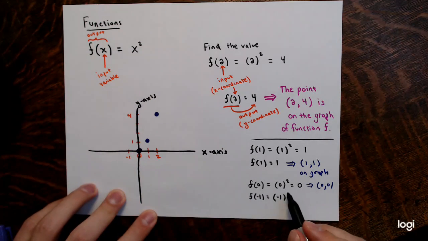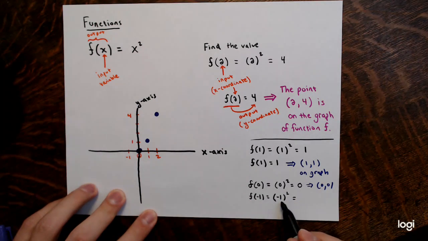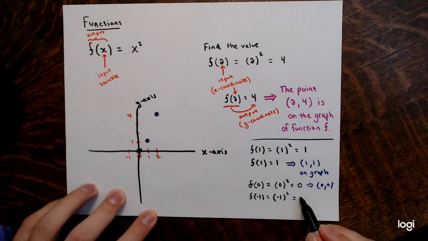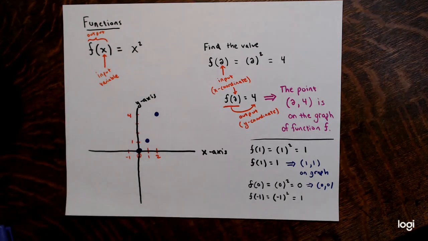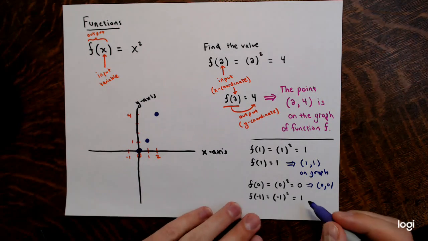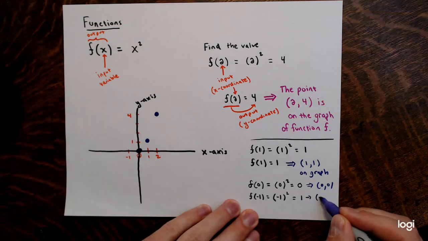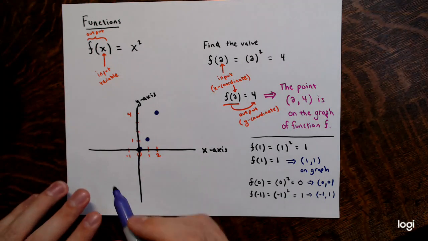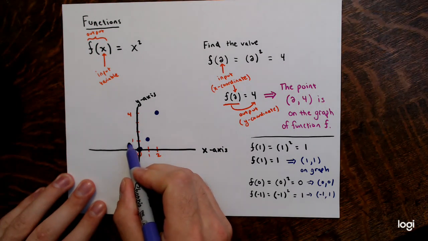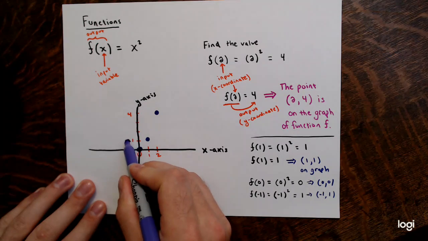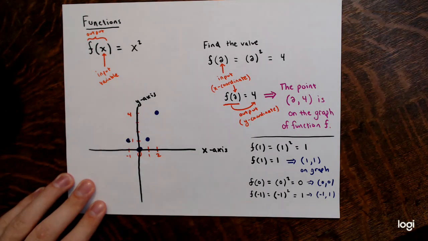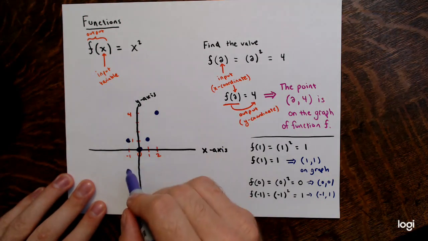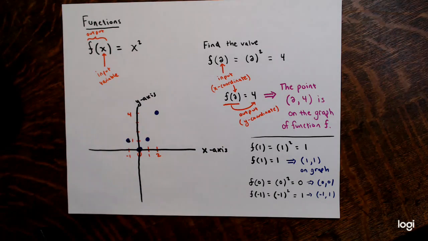So we have -1 squared. Now -1 squared, that's -1 times -1, +1 again. All right. So -1 input, +1 output. So the ordered pair, -1 for x, +1 for y, is on the graph. So I go -1 for x, +1 for y. This point is on the graph. And now you can clearly see that this is not going to be a straight line graph.